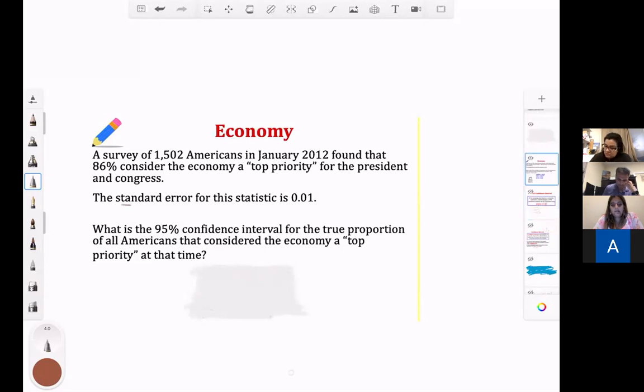The standard error for this statistic is 0.01. What is a 95% confidence interval for the true proportion of all Americans that consider the economic?